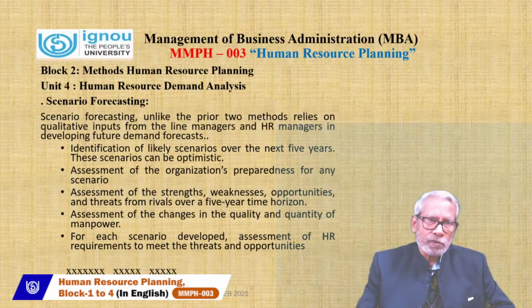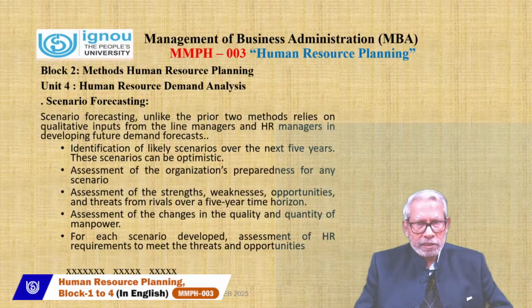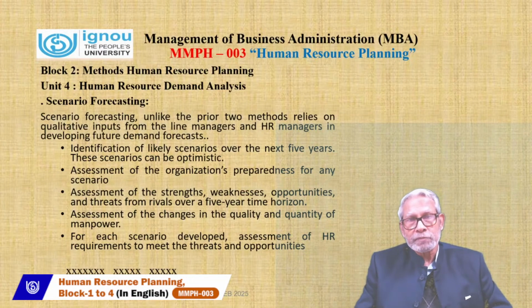Then another thing is scenario forecasting. Unlike the prior methods, it relies on qualitative inputs from the line managers and the HR managers in developing their future demand forecast. So identification of likely scenarios over the next 5 years.